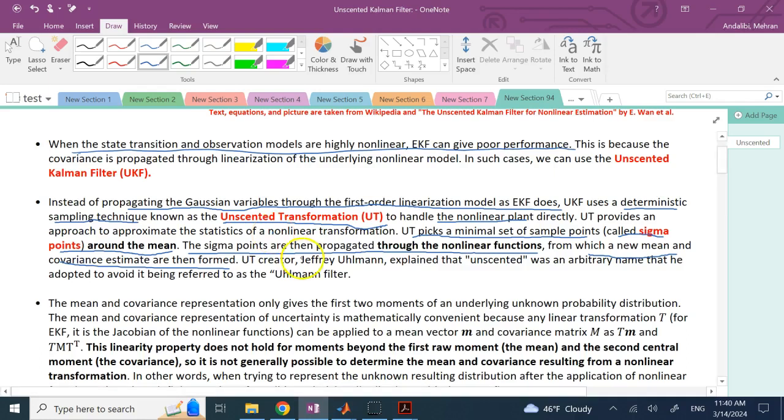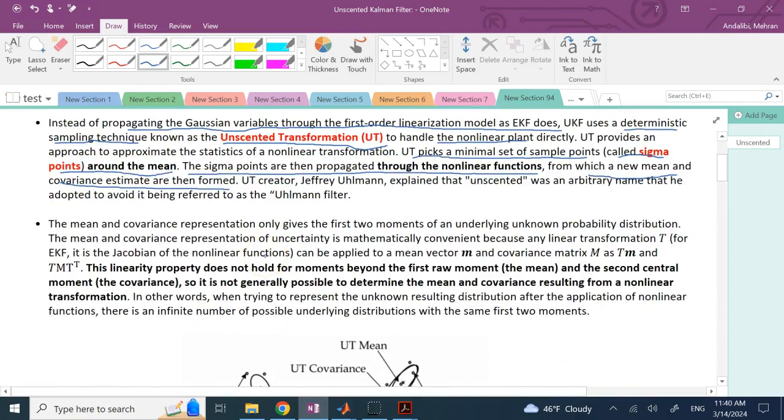through this sampling technique. So if you remember in EKF, one more time, if the average of the prior information is M and the covariance matrix of them is capital M, you can show it with mu and sigma, it doesn't matter.